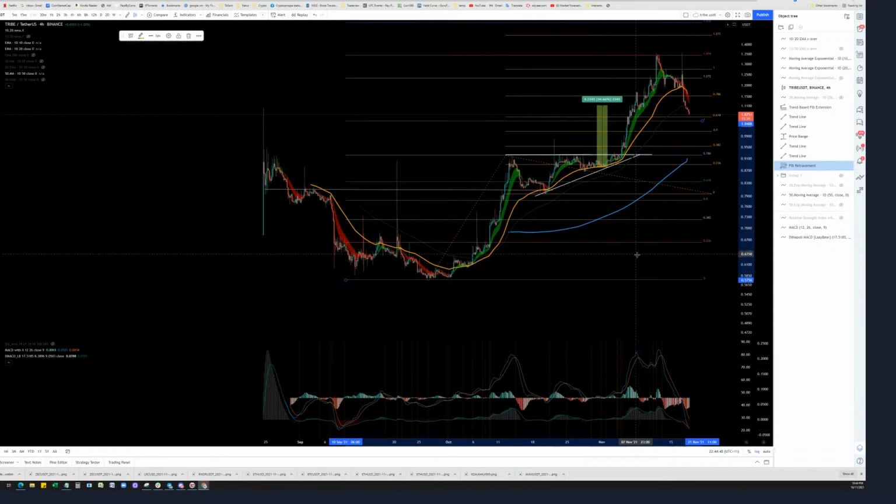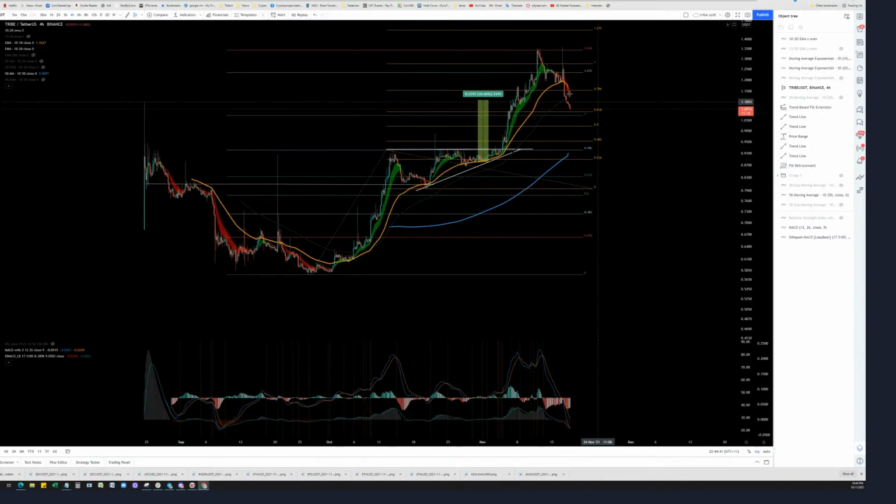And Tribe is one of those coins where, if that's the case, then it's going to take a while for it to do the reaccumulation, different life cycles. So be careful which ones you pick, because if they've done a local top, then there's going to be a bit of a drawn-out accumulation phase, and you'll wonder why the other coins are going and yours isn't.